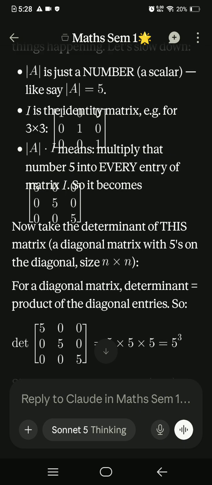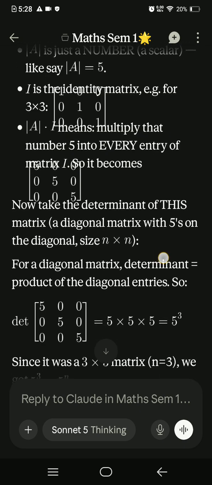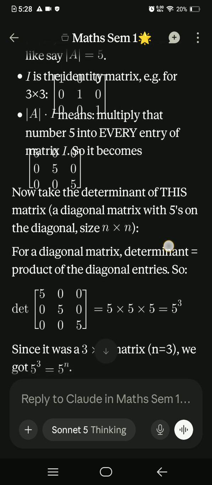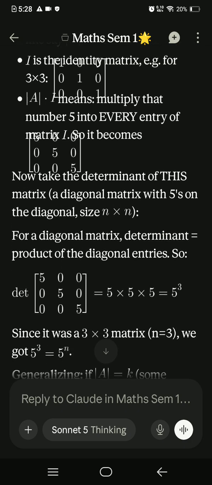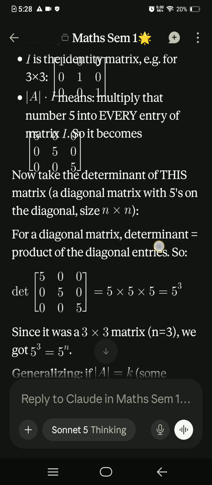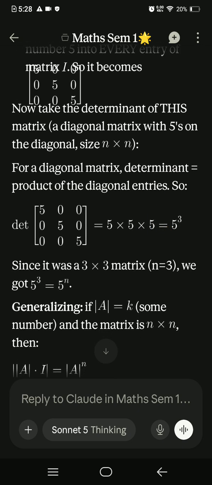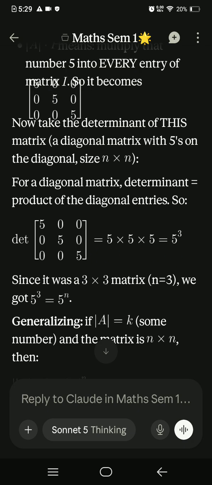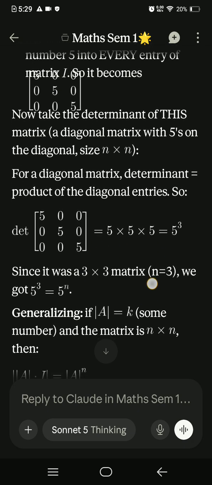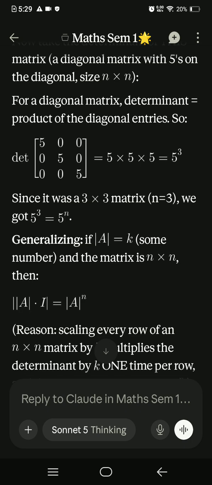Now take the determinant of this matrix, a diagonal matrix with 5s on the diagonal. For a diagonal matrix, the determinant equals the product of the diagonal entries. So this is useful information. The determinant is equal to the product of the diagonal entries, so 5 cubed. Since it was a 3 by 3 matrix and n equals 3, we got 5 raised to the power 3, 5 raised to the power n.